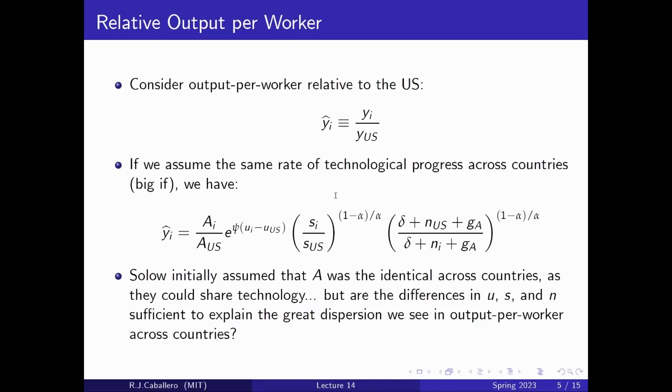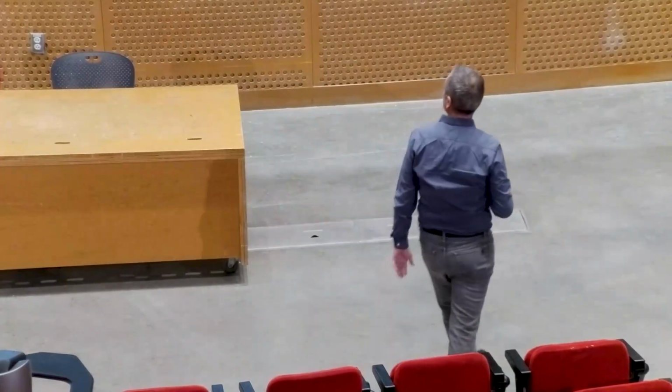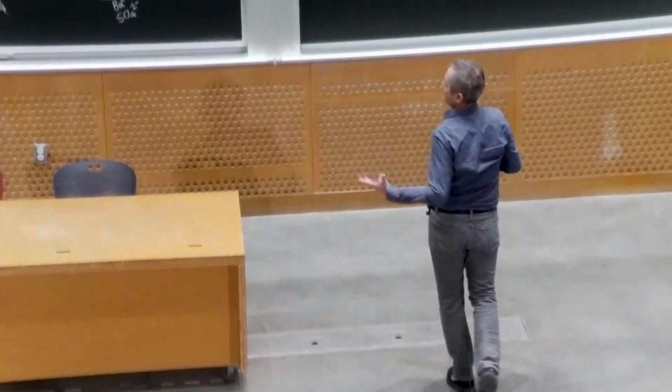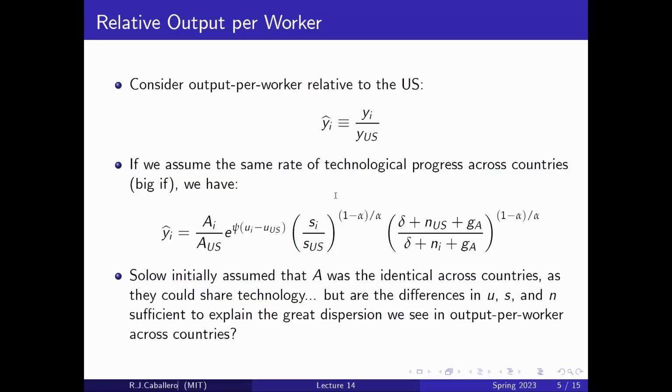So Solow did something like this and said, assume that technology is the same across the world because, at least for major economies, technology can be imported and we can have more or less the same technology across the world. So assume that this is equal to 1 and that both Singapore and the US have the same rate of growth.